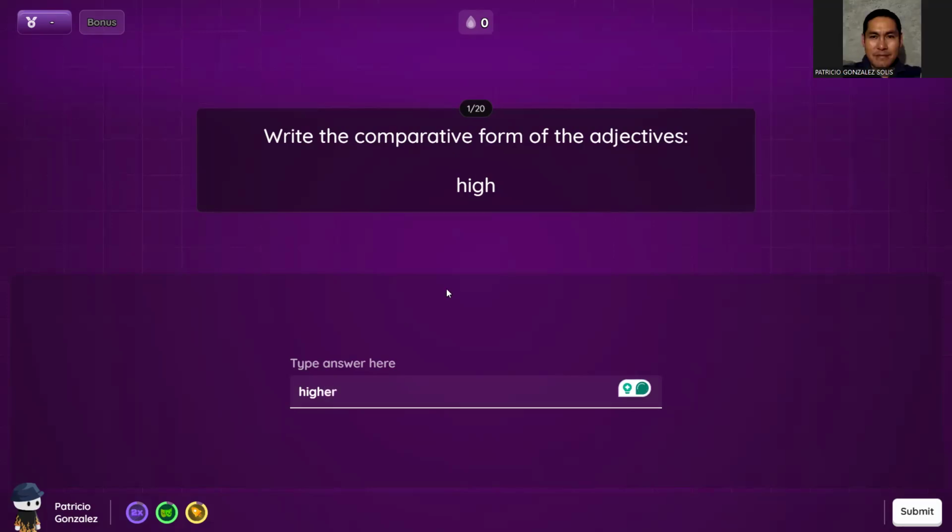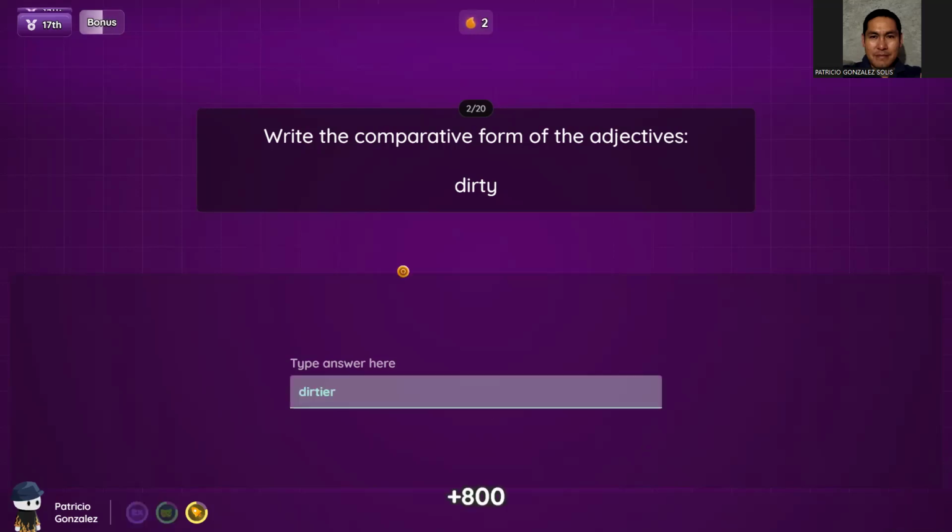High, higher, right? Because it's one syllable. Another, my dear, another. It's dirty. So how can we write it? Dirtier? Yes. It is dirtier, D-I-R-T-I-E-R, because it's Y, substitution I-E-R.